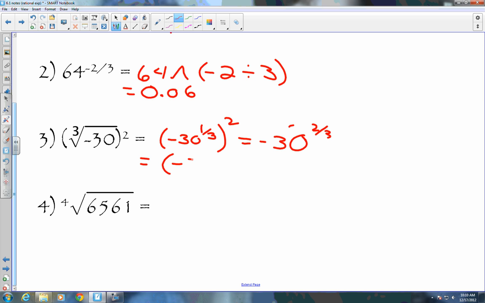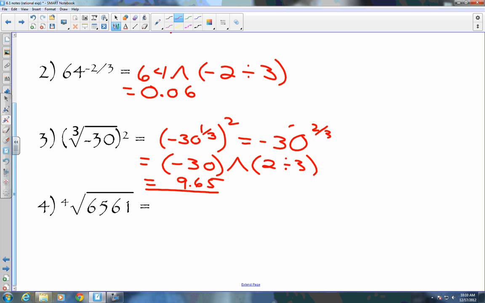Parenthesis negative 30, close parenthesis, raised to, parenthesis, 2 divided by 3, close parenthesis. What do we get? 9.65. Is that a positive number or a negative number? Positive, because it's squared here, so it should be positive.